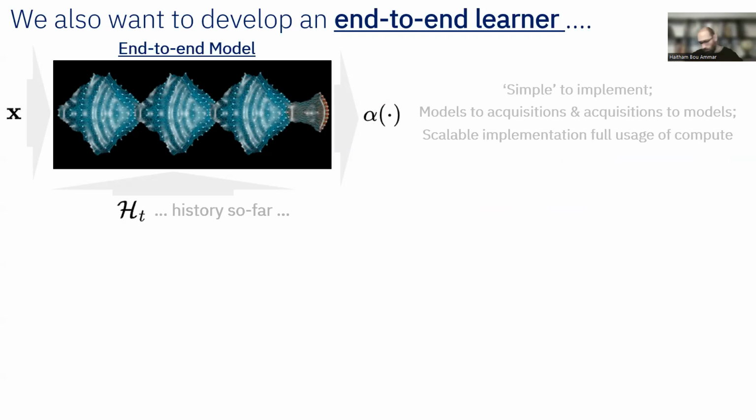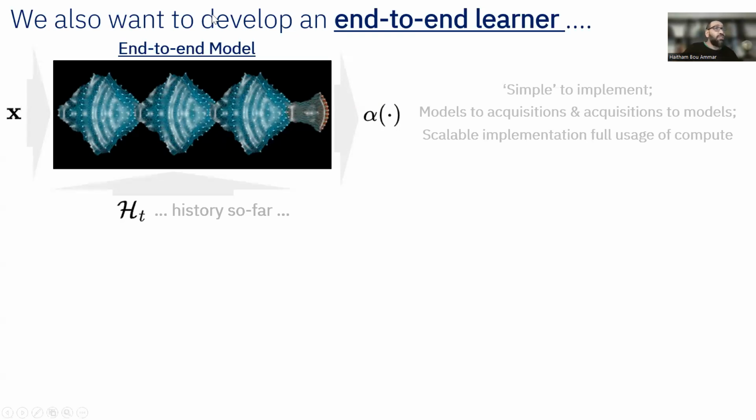What we are really aiming for is to design an end-to-end learner for Bayesian optimization. So imagine how cool it would be if you have some sort of a model, some sort of a neural process, if you will, that will take the history of data you've seen so far, and take some input in your space X, and give you an acquisition value that you are interested in.